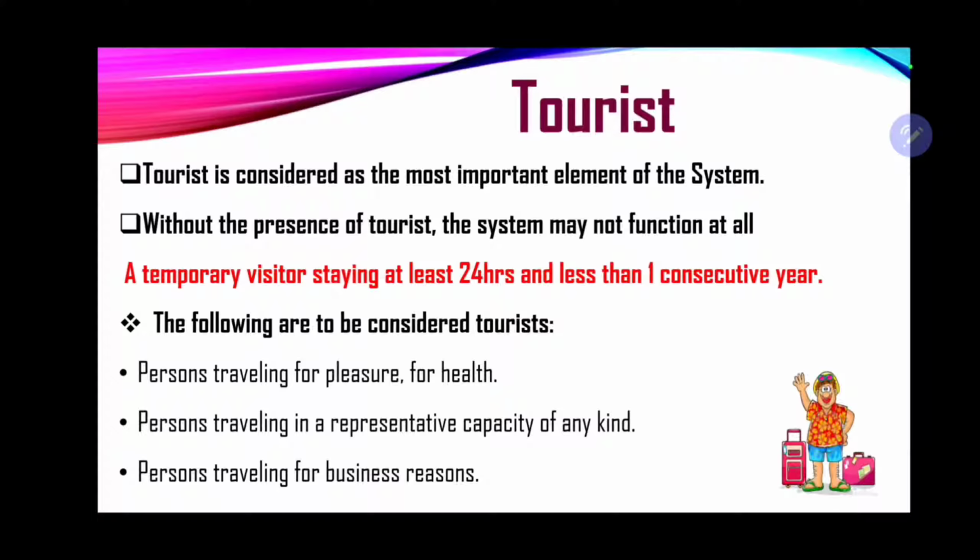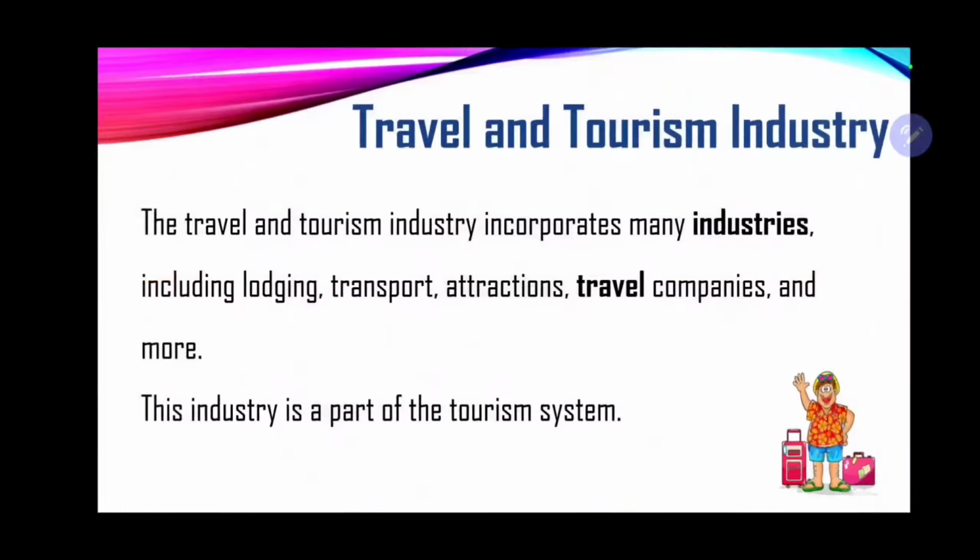And they're very important to the tourism system, because as we said before, without the presence of tourists to travel, there will be no one coming from the generating region to pass through the transit route to get to the traveler destination region, right? Now, the travel and tourism industry incorporates many industries, including lodging.